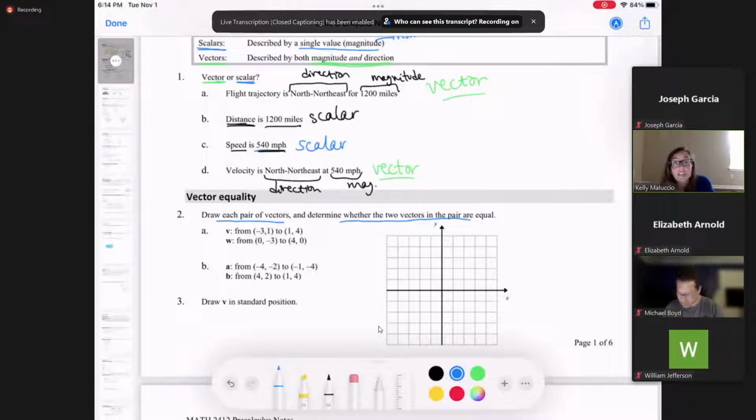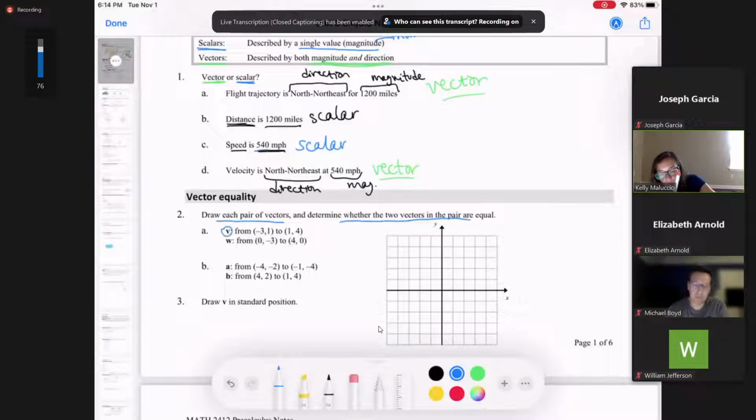But if I figure out where they're pointing, the direction they're going in, and how many units they are, then we can determine whether they're the same. Typically, not to trick you, but they'll try to make the vectors the same length and change the direction. So you might think, oh, they're the same length, so they're the same. But if one arrow is going one way and the other is going another, this is what you'll see.